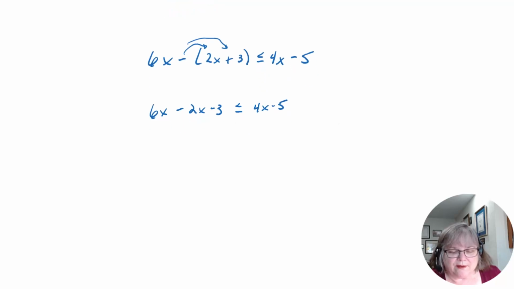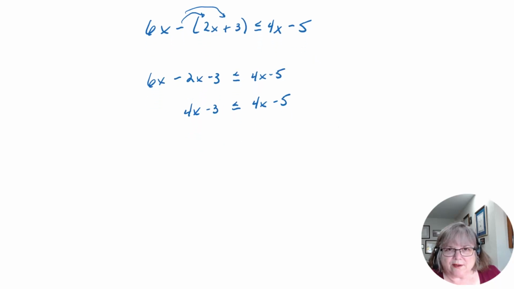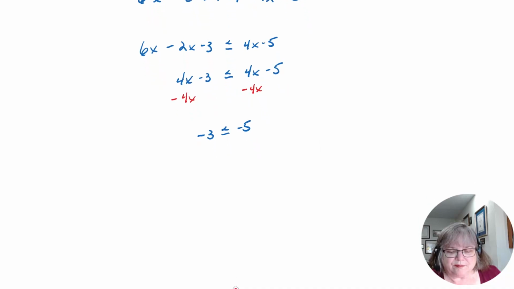Keep simplifying the left. 6x minus 2x is 4x. Nothing to simplify on the right. Now I want my x's isolated on one side. So you could subtract 4x, since your original intent is to get them on one side, but when you do that, notice that your x's cancel, go to 0, and you have this situation.